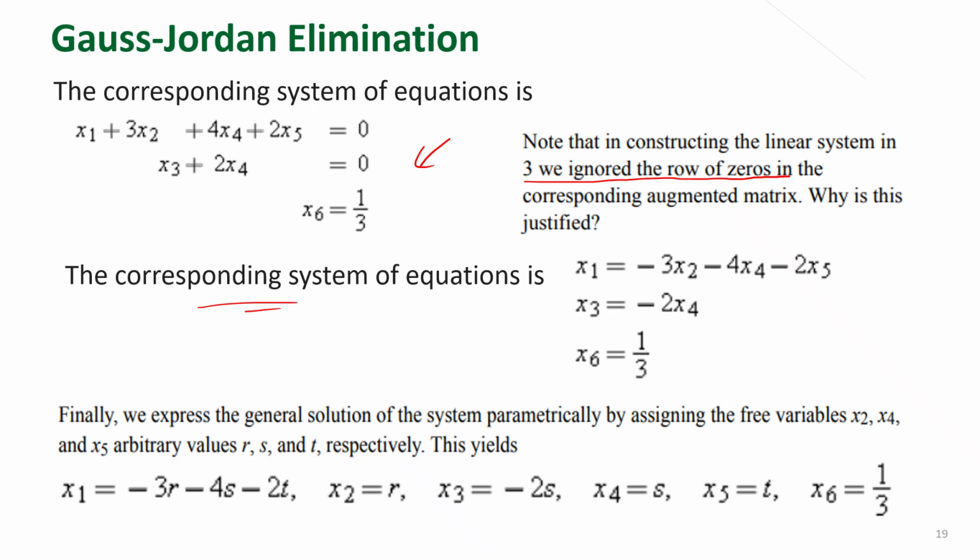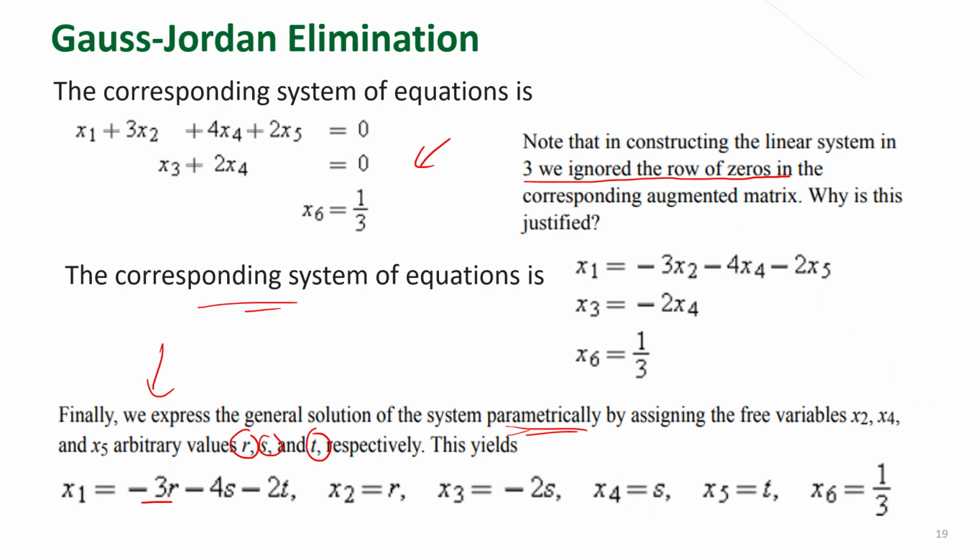You put back x1, minus 3x2, x4, and then x3 is this, x6 is this one. So finally, we can express the solutions. What will be the values of x2, x4, x5? Well, they are arbitrary, because they are still unknown. So you can put some parameters, let's say r, s, and t.